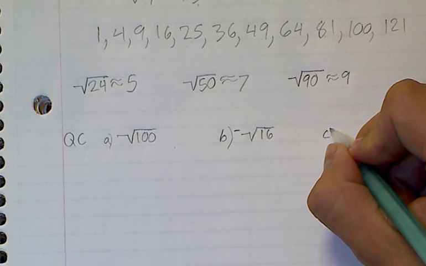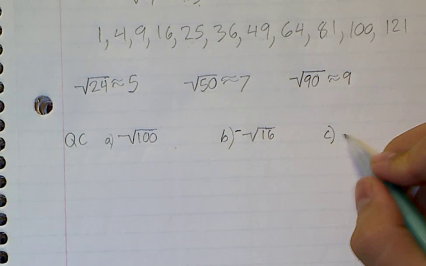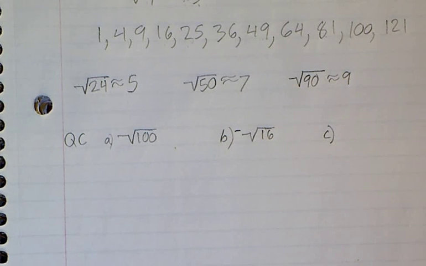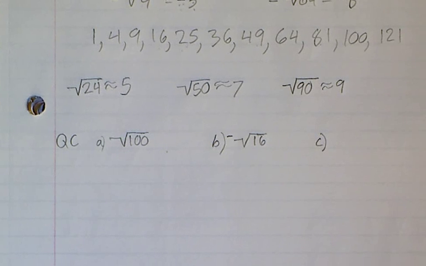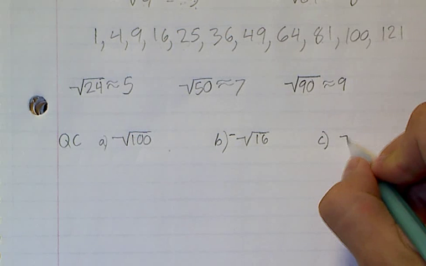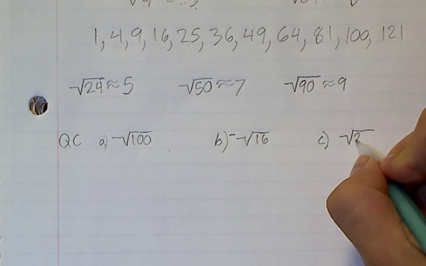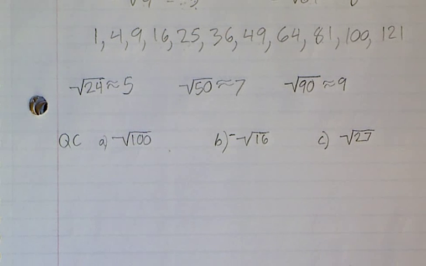And then for C, I want you to estimate to the nearest integer what the square root of 27 would be. Okay? So, videos will be paused right now. You're going to take a moment to answer these, and then hit play once you're done.